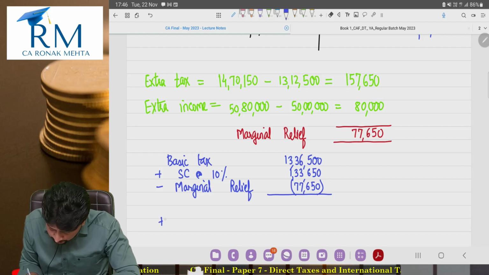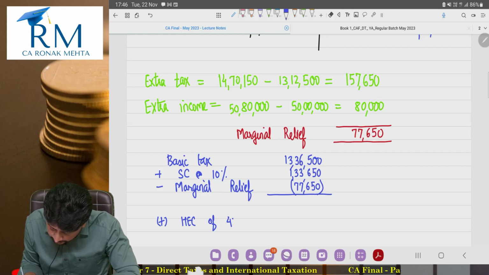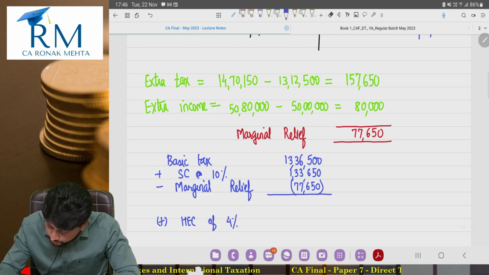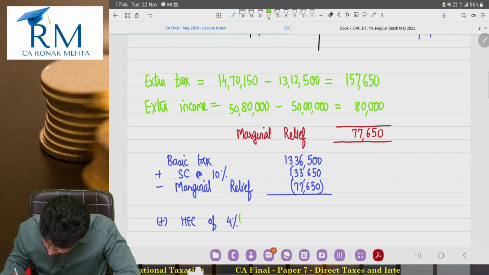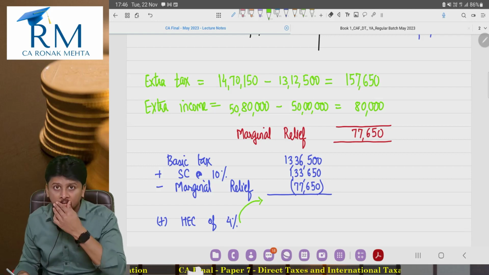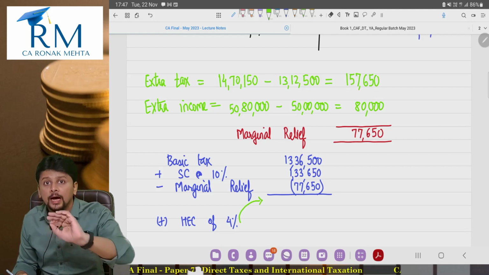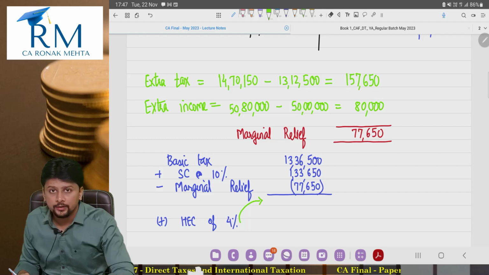Of course, we are going to add health and education cess of 4%, but we are going to add it on this figure, the figure remaining after deducting marginal relief.